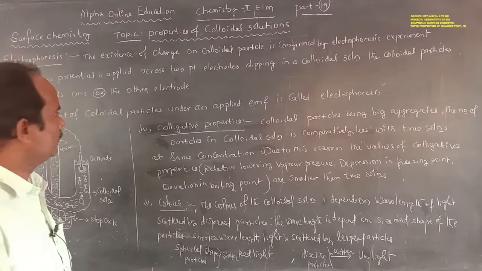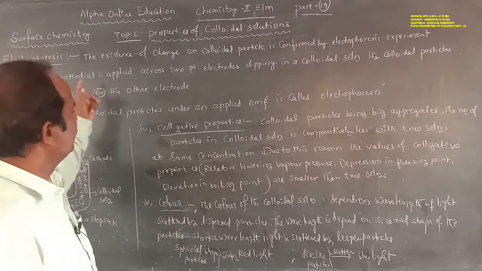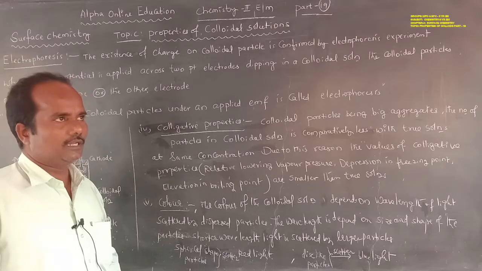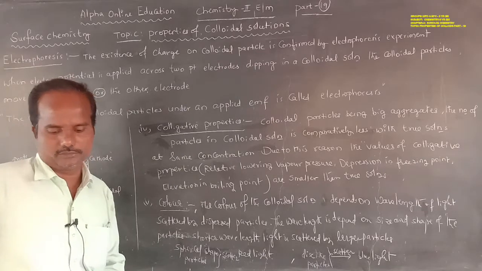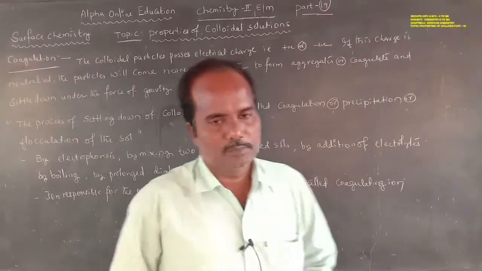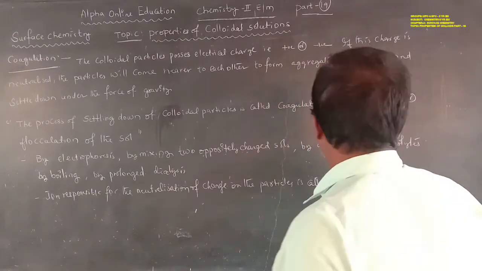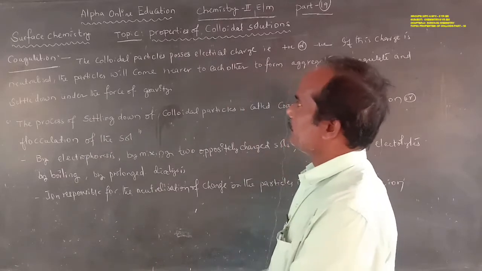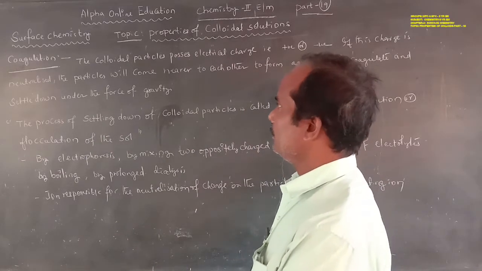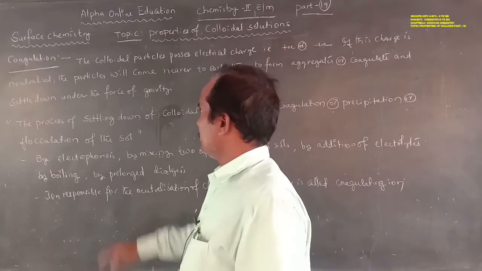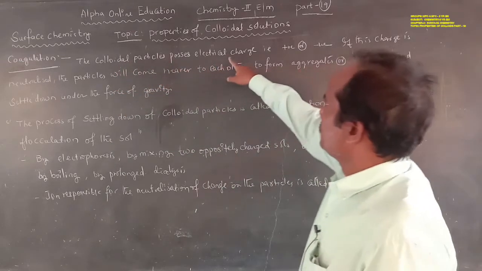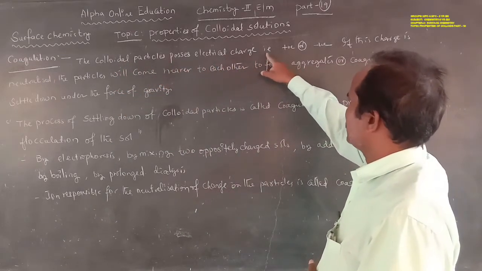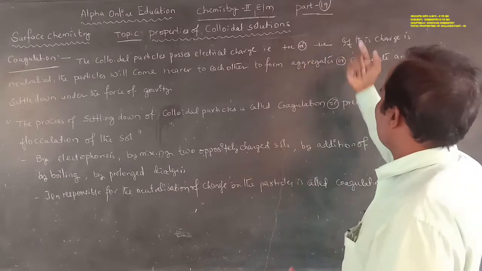Just one property is left, that is coagulation, or precipitation, or flocculation. Let's see what is meant by coagulation. The colloidal particles possess an electrical charge, positive or negative.